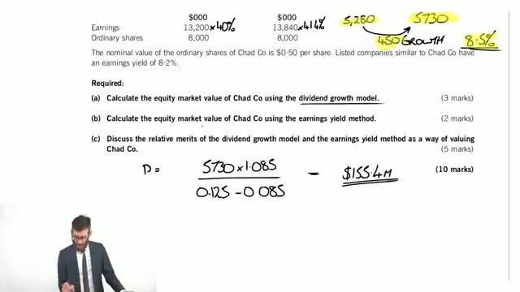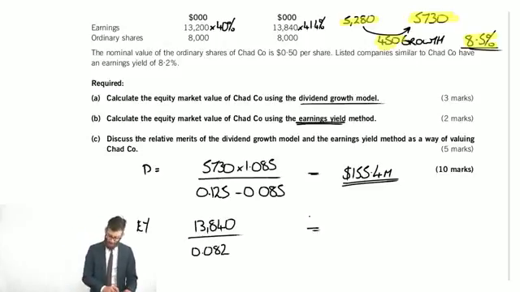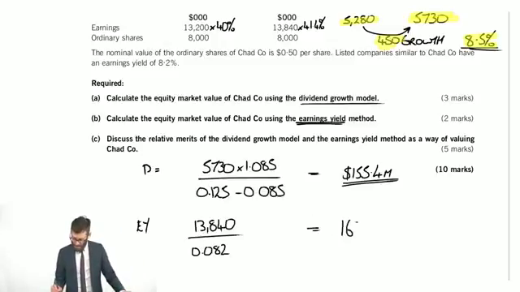Now the beauty is the equity market value using the earnings yield is exactly the same way. The earnings yield, arguably, you could just say 13,840 and divide it by the yield of 0.82 and you'll get a similar answer. Comes in at 168 million. 168.8 million.